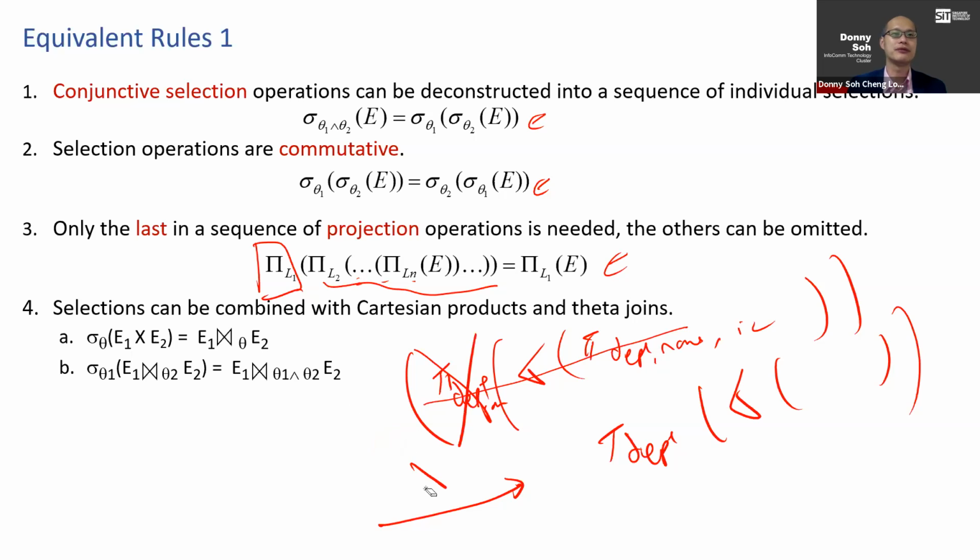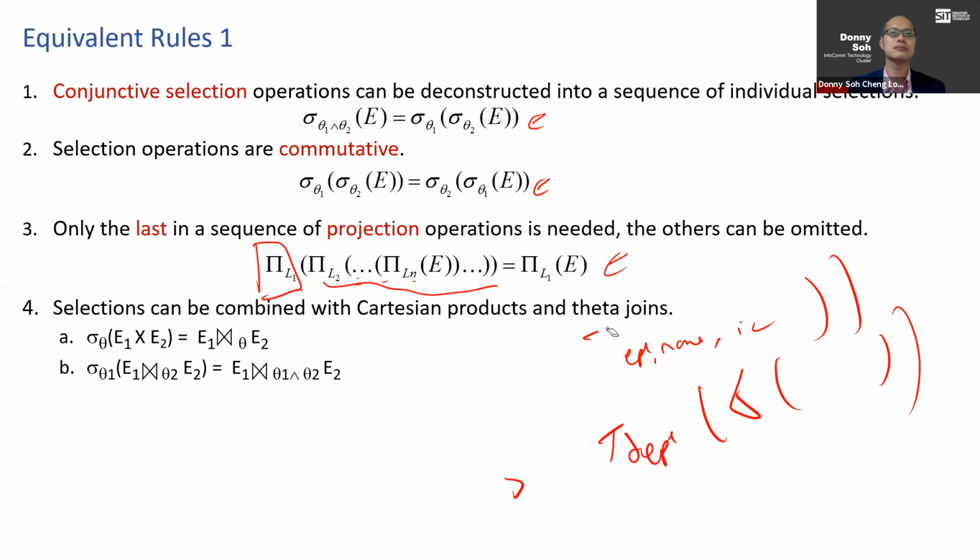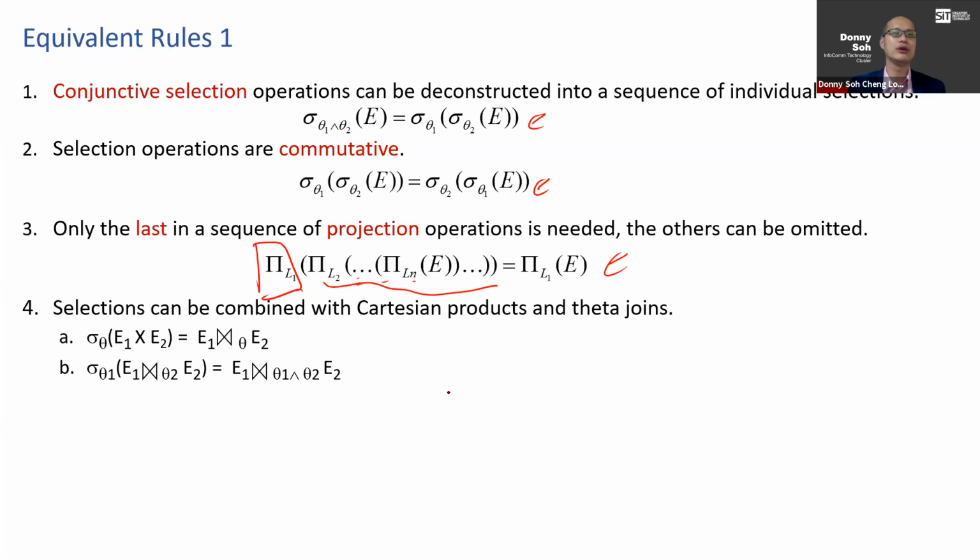Let's look at the fourth condition. Selections can be combined with Cartesian products and theta joins. So if I have a selection operator, I can push it in to make it into a theta join.